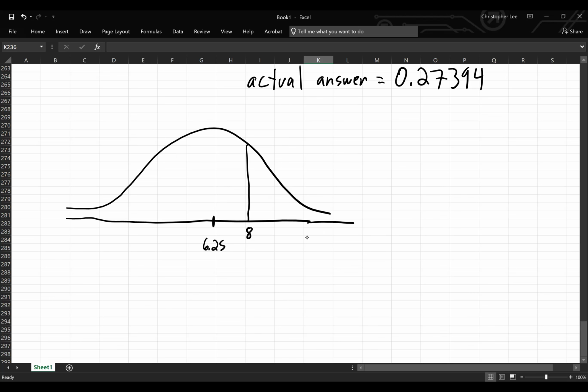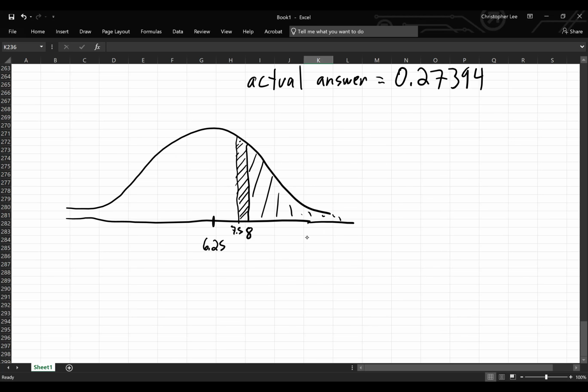Look. What I'm trying to say is we have to take half a step back, right? So instead of 8, I want to do 7.5. So yes, I want this area here, but I want to accommodate for a little bit extra area here, right?